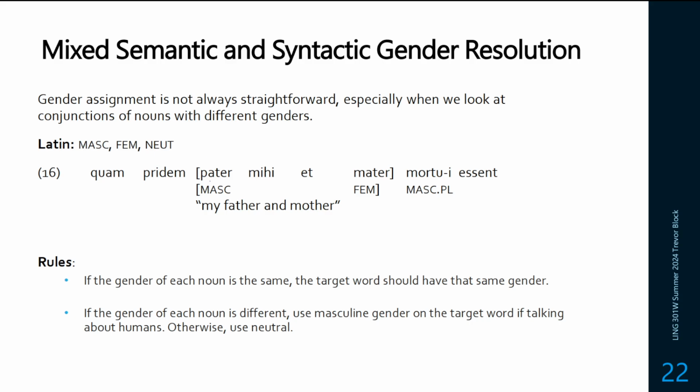But if we had two different genders like masculine and feminine, or masculine and neutral, or feminine and neutral, and they're non-humans, then we'd see neutral on the target. So different languages will use different systems for doing this gender resolution, but we just need to be aware that there's no nice simple pattern for when we do conjunctions and the genders of the nouns we're talking about are different. It's going to vary from language to language.